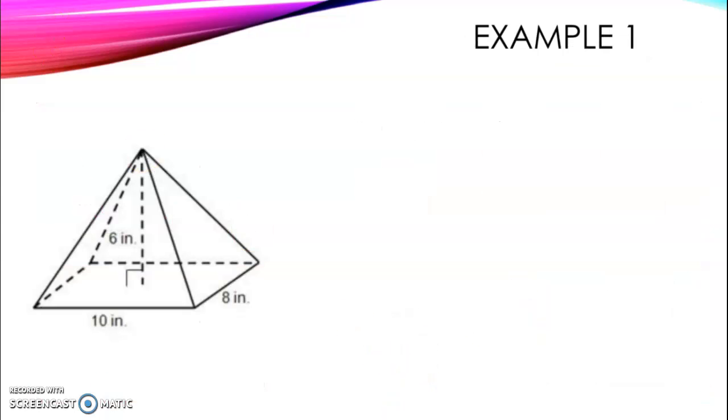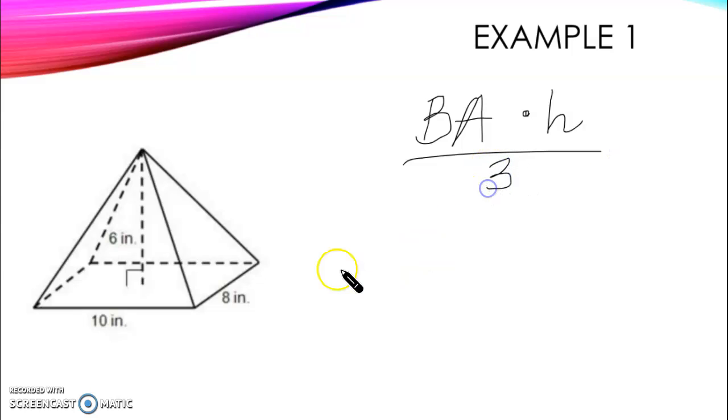So let's do this first example here. We have a rectangular pyramid, so that means we're going to find the base area, BA for base area. We're going to multiply that by the height, and we're going to divide it by 3 because it comes to a point at the top.